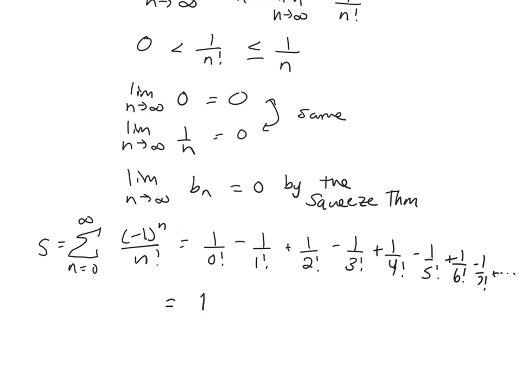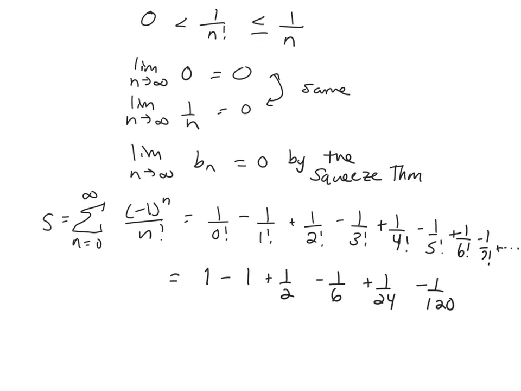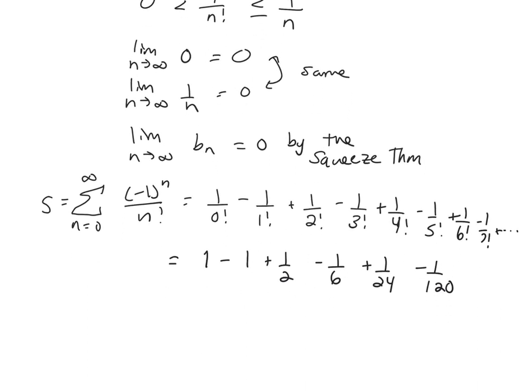1 over 0 factorial, that's 1. 1 over 1 factorial is 1, plus 1/2, minus 1/6, plus 1 over 24, minus 1 over 120, plus 1 over 720, minus 1 over 5040, and so forth.